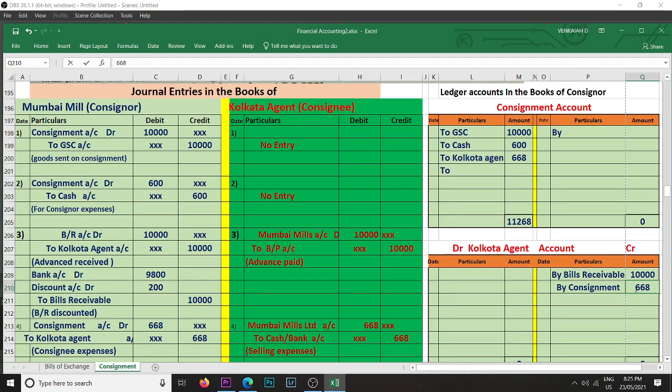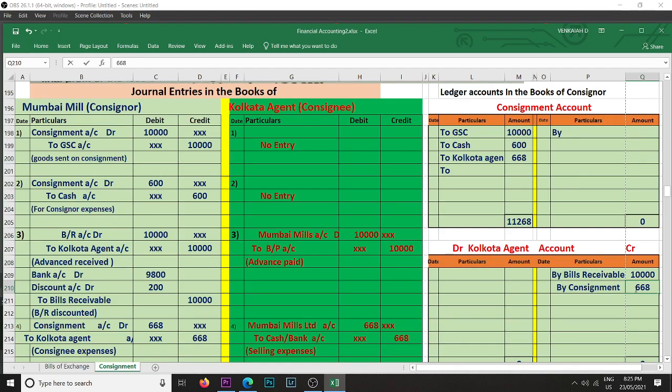That's all. Now we will close the consignment account. In this, by consignment, amount is 10,000. Transfer to trading, to purchase account. Amount is 10,000. For this also, we prepared the journal entry.